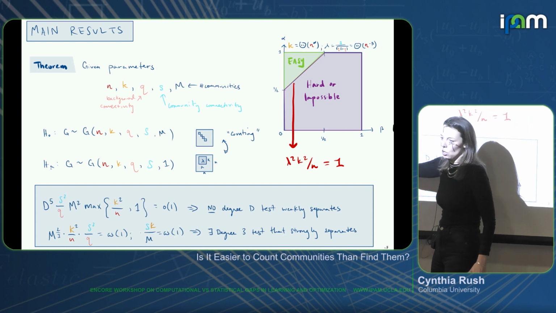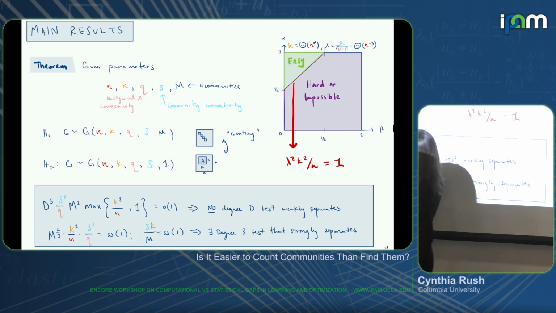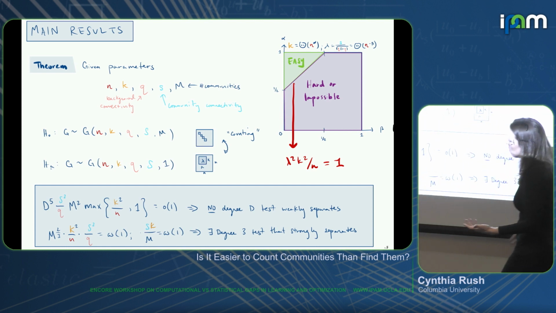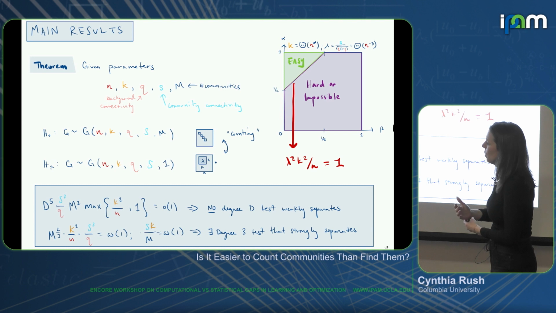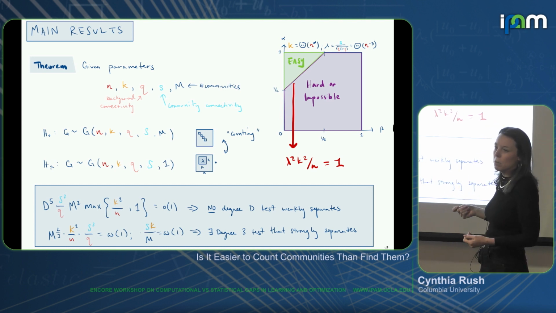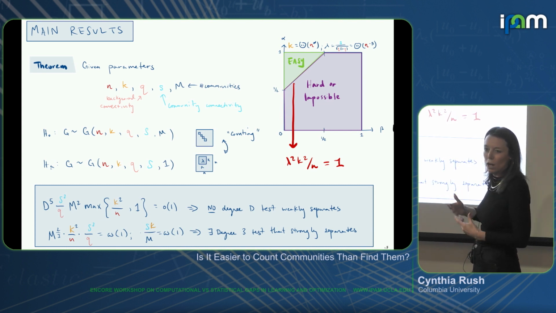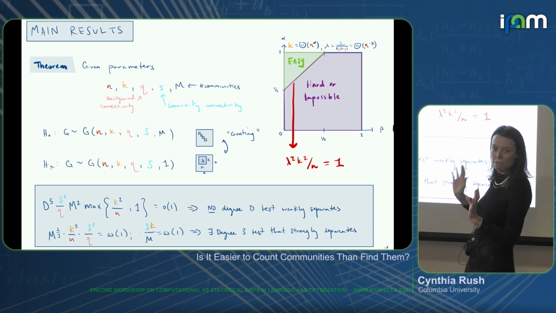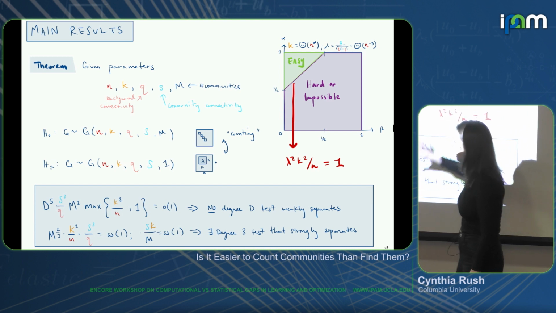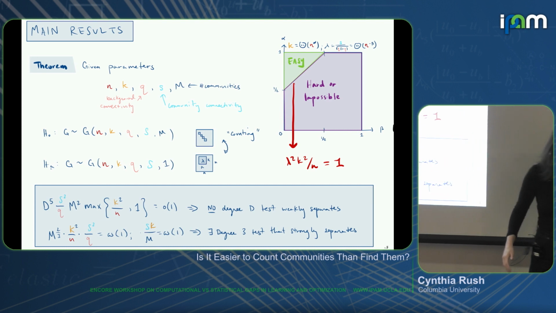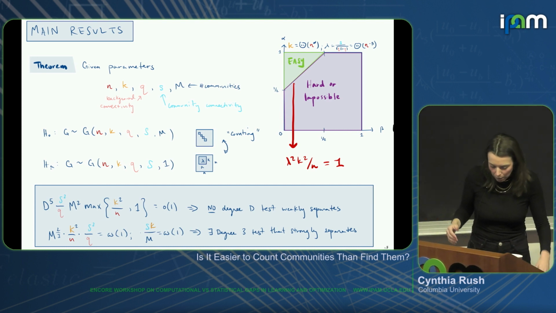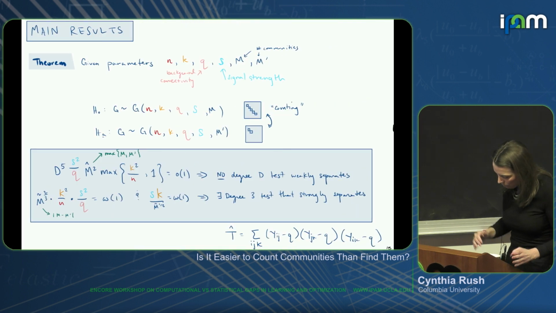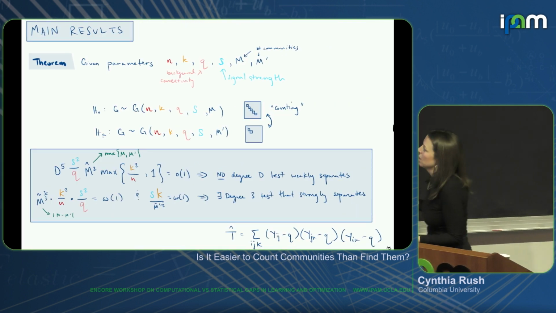So these match only up to log terms. We also included the m here, so these results are true if the community size changes with n as well. But when I'm plotting something like this, I'm thinking of the community size as being fixed in m, but you could also let that grow. Okay, so this just generalizes it, right?